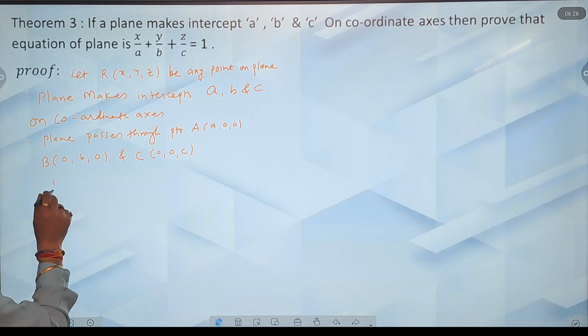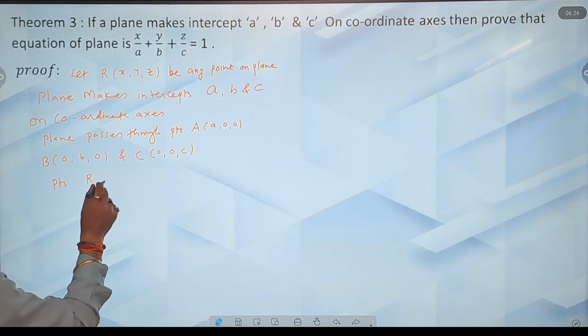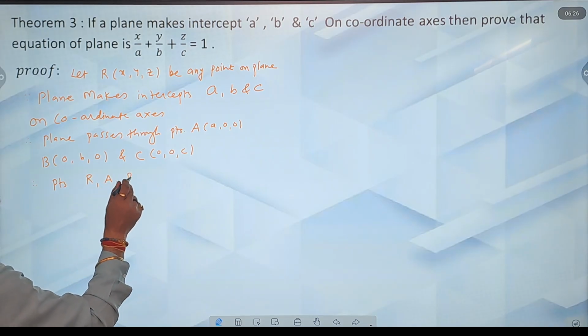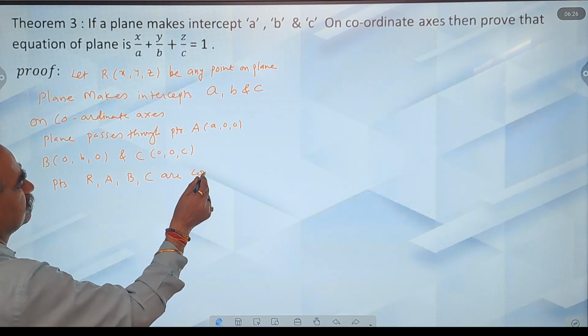Therefore, points R, A, B, C are coplanar points.